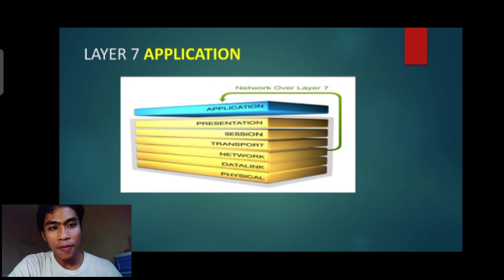So far we have studied from the physical layer, that is the hardware where information begins, to the other side, the user or the next destination. From physical to data link, network, transport, session, presentation, and lastly, just now, we have explained and studied the application layer, that is layer number 7.